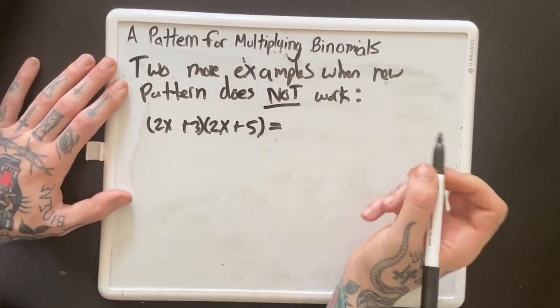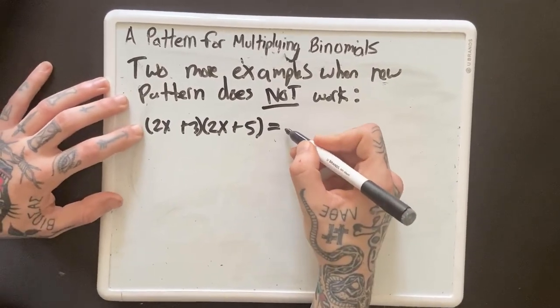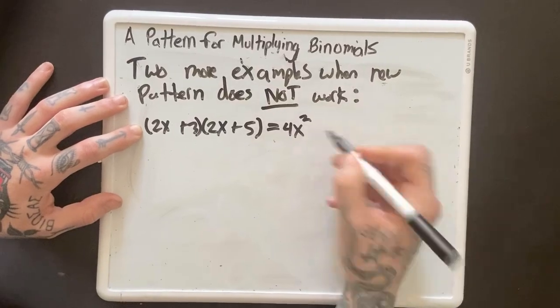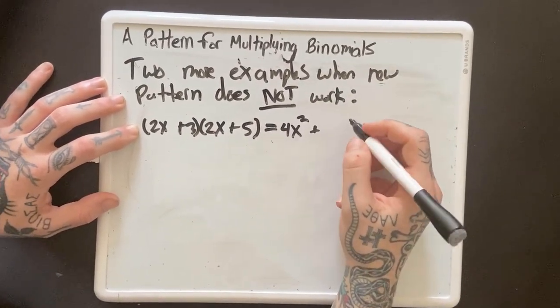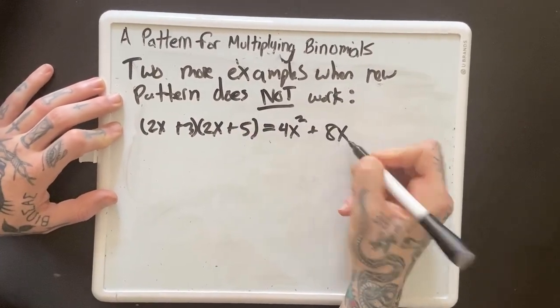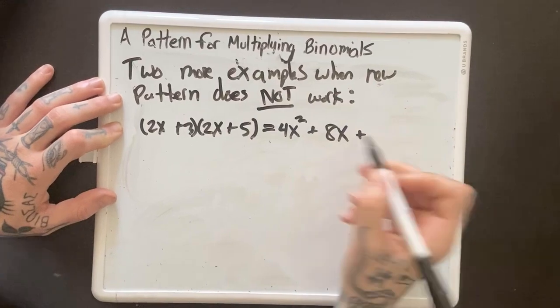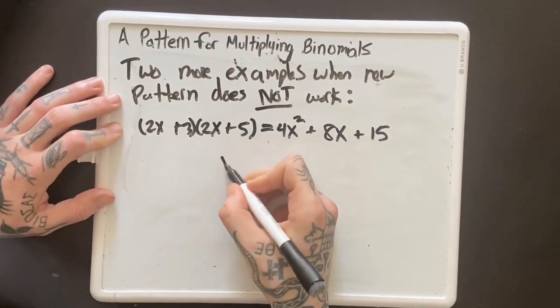Okay, so let's just try it to see how it does not work. So we would get 4x squared, and then using these numbers alone, we would get 5, 6, 7, 8, so 8x plus, what's 5 times 3? 15.